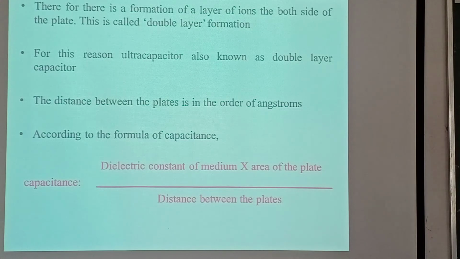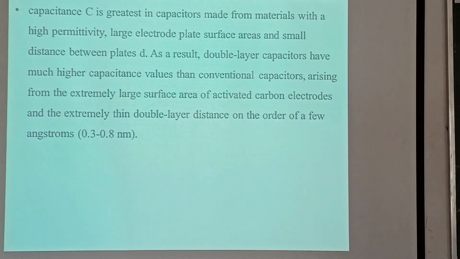The capacitance of the electric double layer capacitor can be calculated with the help of this formula, where epsilon is the dielectric constant of the medium, A is the area of the plates, and D is the distance between the plates. So the formula is C equals epsilon A by D. Capacitance C is greatest in capacitors made from materials with a high permittivity, large electrode plate surface areas, and a small distance between the plates.